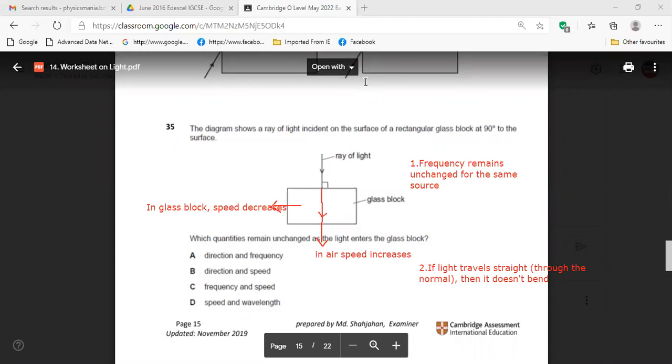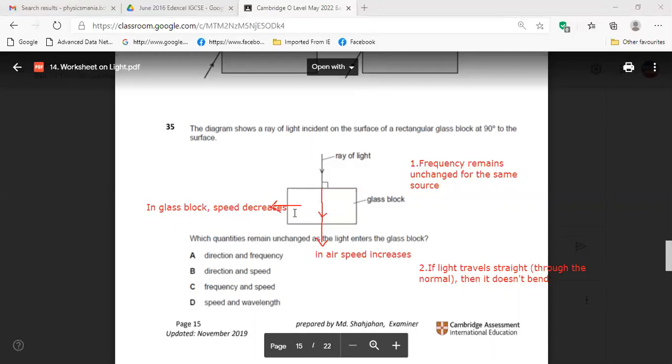Do you say Bangladesh or Dhaka? Which one? Bangladesh. You are saying direction and speed unchanged. But we said, which quantities remain unchanged as the light enters the glass block? In the glass block, speed decreases.